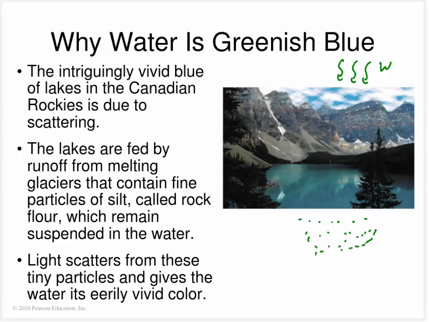And much like when there's lots of stuff in the air that scattered away lots of blue light and the sunset was red, now we have our white light going through the water, and it's going to scatter away all the red. So we're going to have a longer path length as the light bounces around and then eventually comes out. What's going to happen is a more vivid blue and a more vivid green than if there wasn't a long path length to scatter away or absorb all of the red.